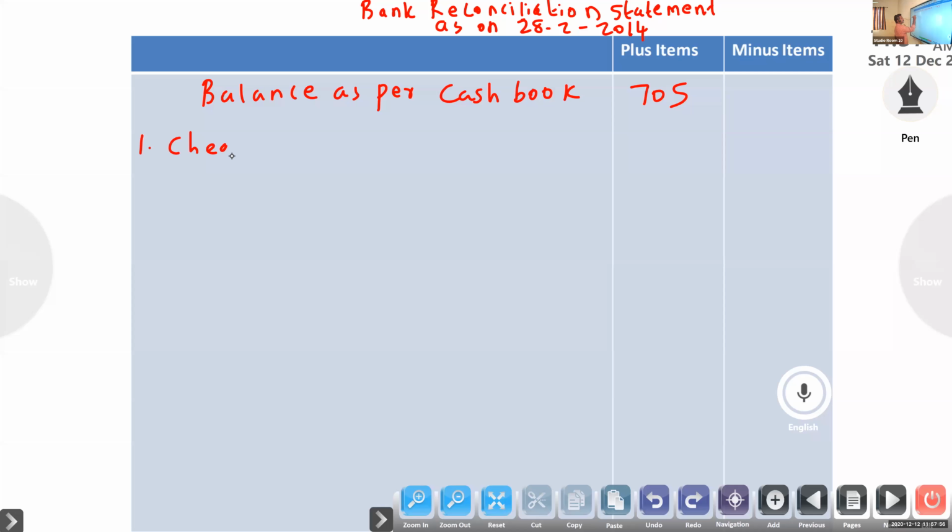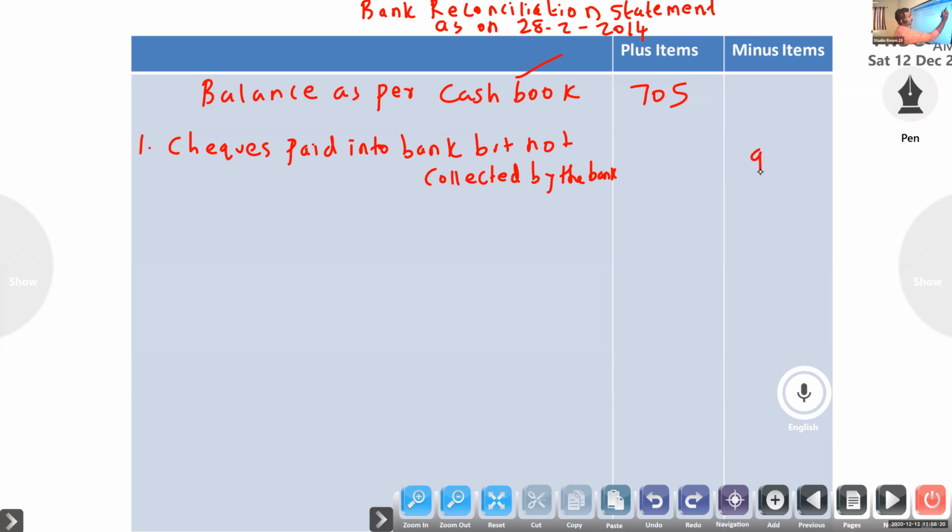Checks paid into bank but not collected by the bank, otherwise not recorded in the passbook. 94 is a cash book starting item. Cash book increase, so minus 94. If there are more items, you have to write them in brackets. I think that here there is only one item, 94.